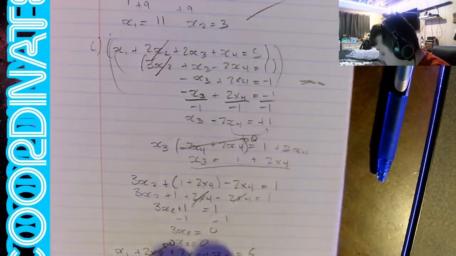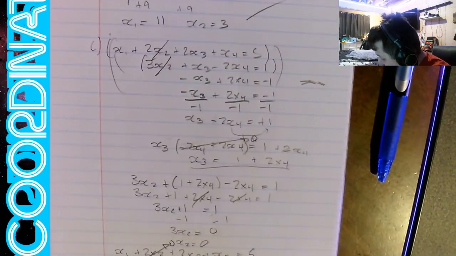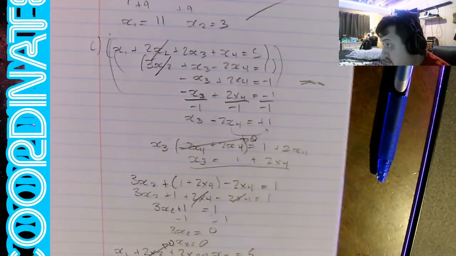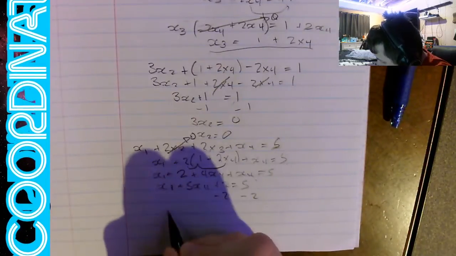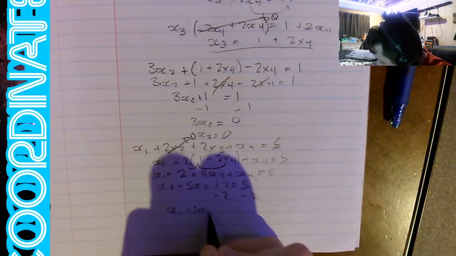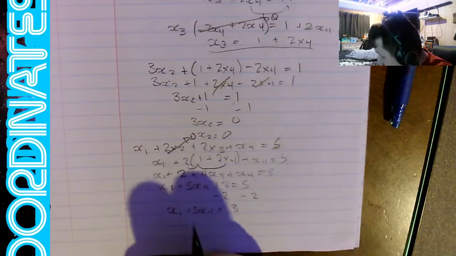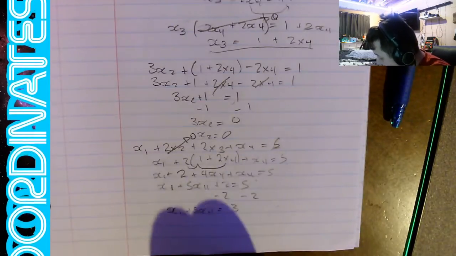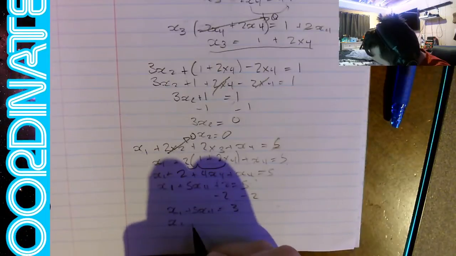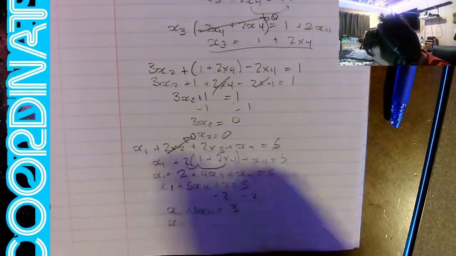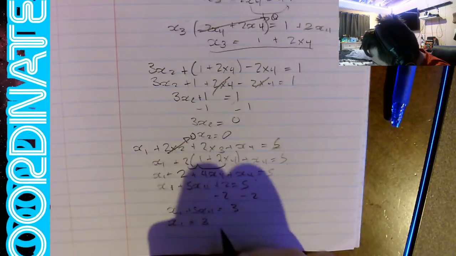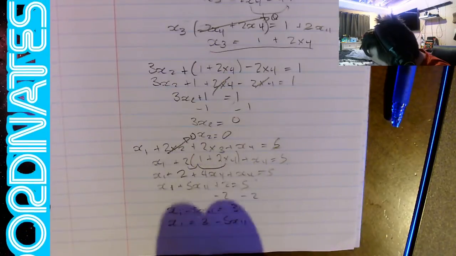We're going to subtract 2 on both sides, because we want everything on the other side. So we'll end up with x1 plus 5x4 equaling 3, and then again we're going to subtract to get x1 on one side, x1 equaling 3 minus 5x4.